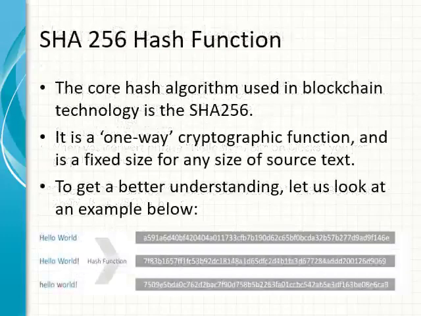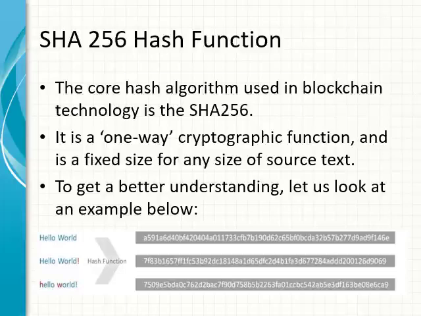So this blockchain uses the SHA-256 hash function. The core hash algorithm used in blockchain technology is this SHA-256. It is a one-way cryptographic function, and it produces a fixed size output for any size of source text.